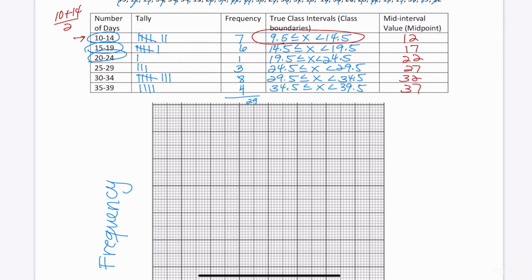The amount of numbers included in each group, which is called the class width, is from 10 to 14. So 10, 11, 12, 13, 14, the class width is 5. There are 5 numbers included in each one of these groups. But from 0 to 9.5, which is my first true class interval, it's not the same.